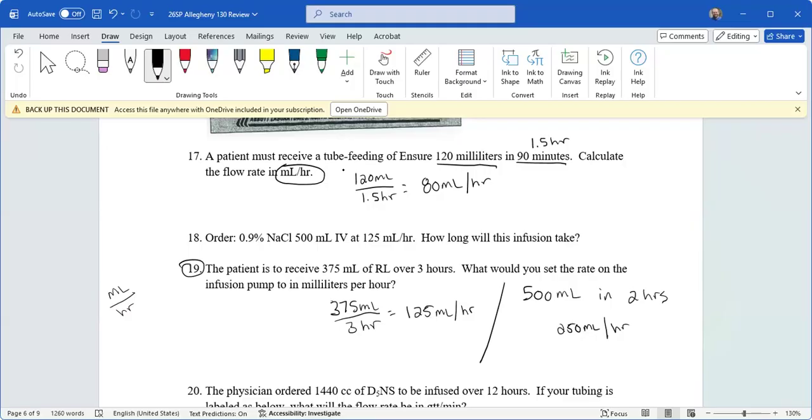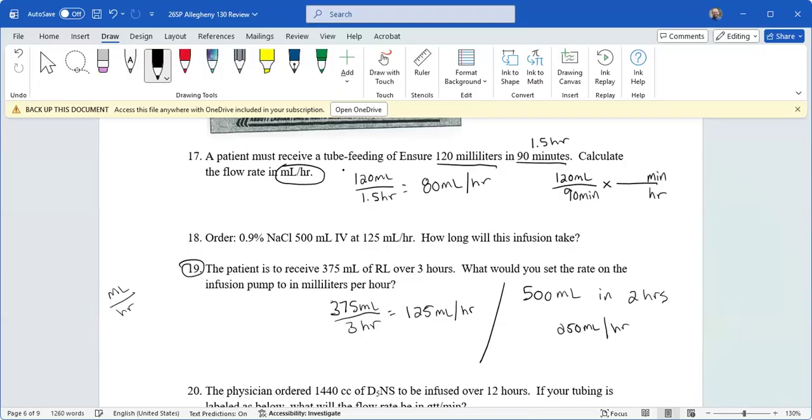Now, let's say you get a question that's not as easy as 90 minutes, which is 1.5 hours. The other way you can solve this is by taking the volume over that original time, and this skill is going to be helpful later on down the road, even into your third semester, and then just setting up a conversion where you convert minutes to hours.